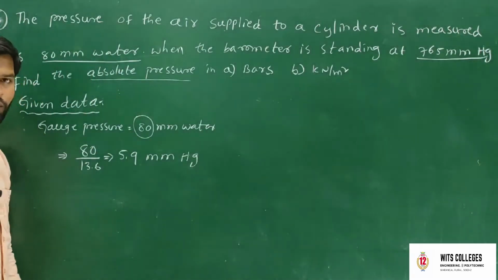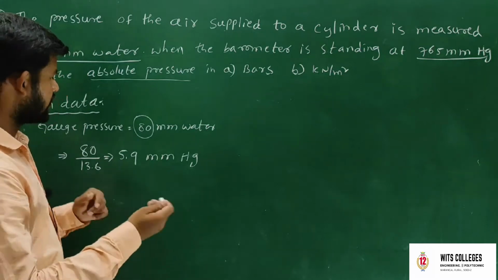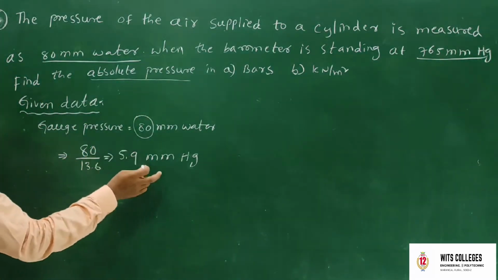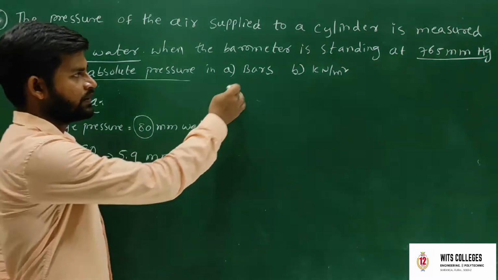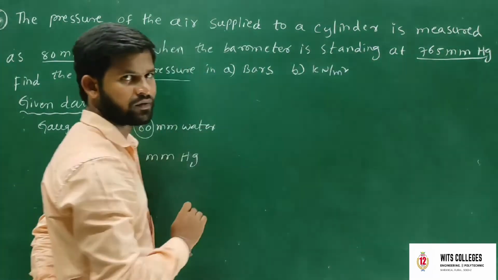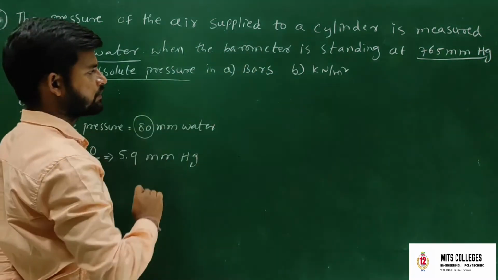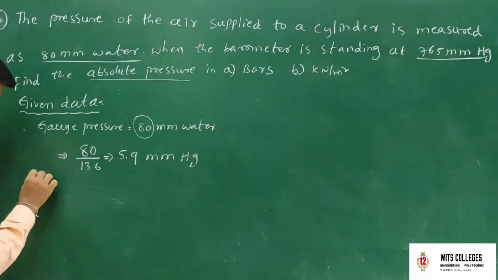Next, absolute pressure: the gauge pressure is obtained in mm of Hg and the barometer stands at 765 mm of Hg, which is nothing but the atmospheric pressure. Absolute pressure.